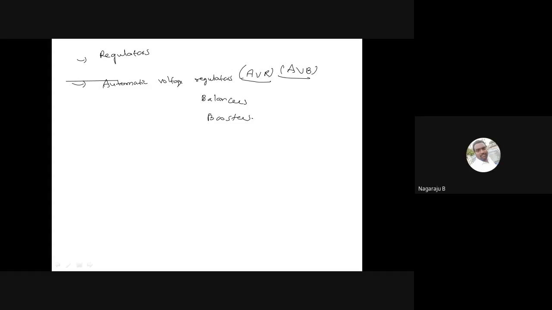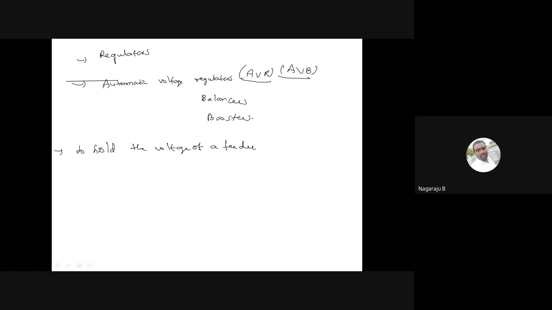These voltage boosters are used to hold the voltage of a feeder at a predetermined value within a limit which the control equipment is capable of maintaining, within an acceptable tolerance.